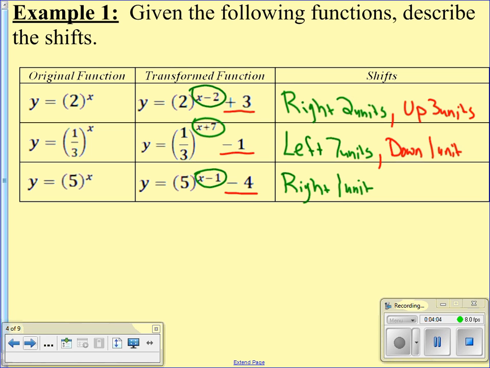My up and down movement, a negative 4, do exactly as it shows, so down 4 units. All I've done is looked at how the graph was transformed. What is now going to happen to x? What is now going to happen to y, which means the k value and the h value.